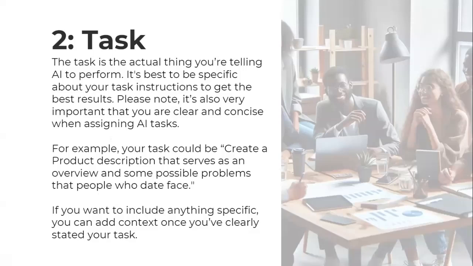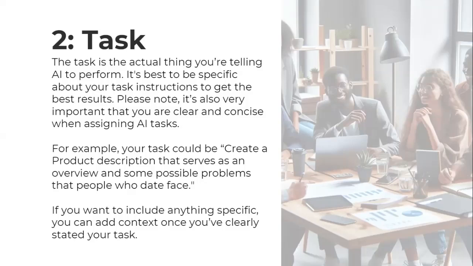Your task needs to be clear and concise. For example, when you're assigning a task, say, create a product description that serves as an overview and some possible problems that people who date face.